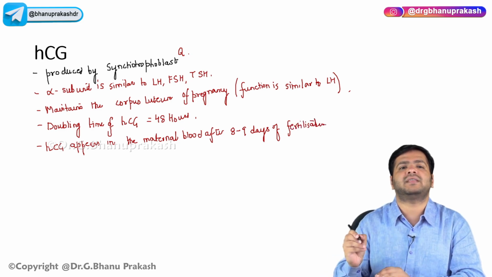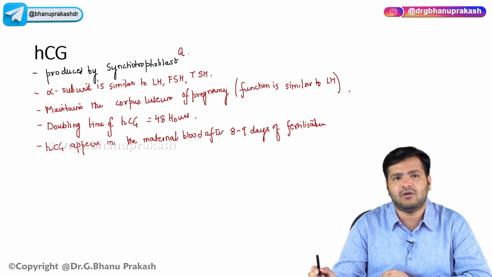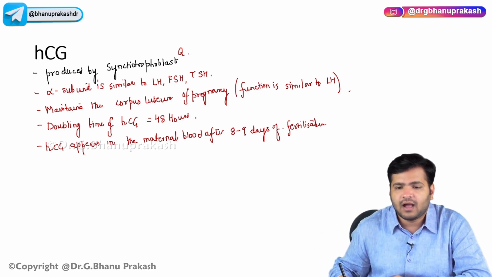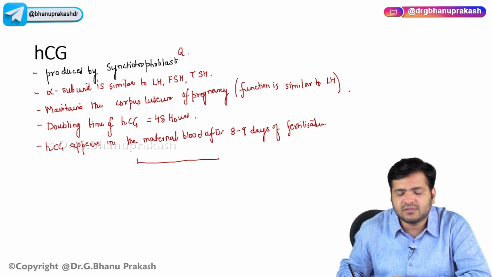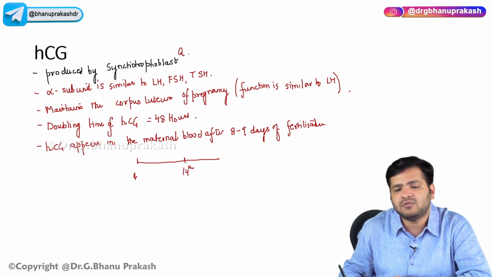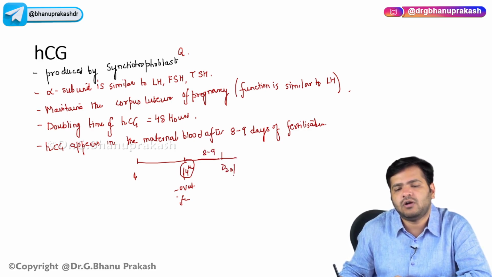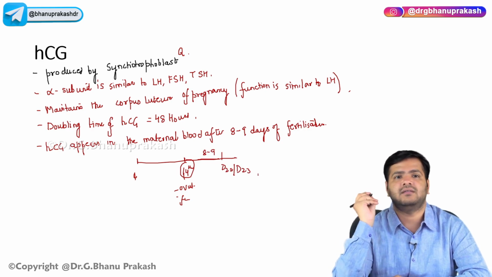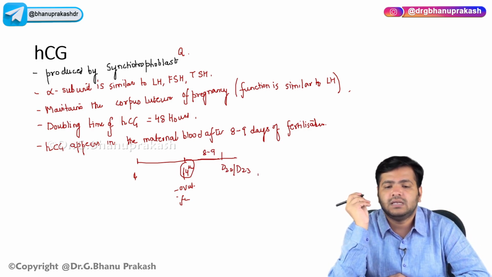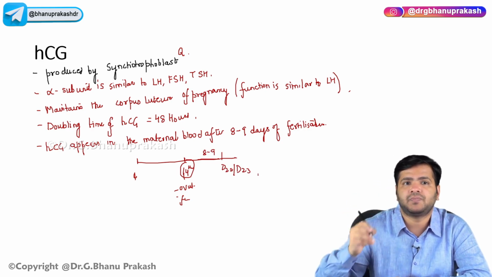So it is approximately day 22 or day 23 of the cycle. For example, this is the first day and this is the 14th day. If suppose on the 14th day ovulation is taking place and fertilization is taking place, then 8 to 9 days after will be day 22 or day 23 of the cycle.